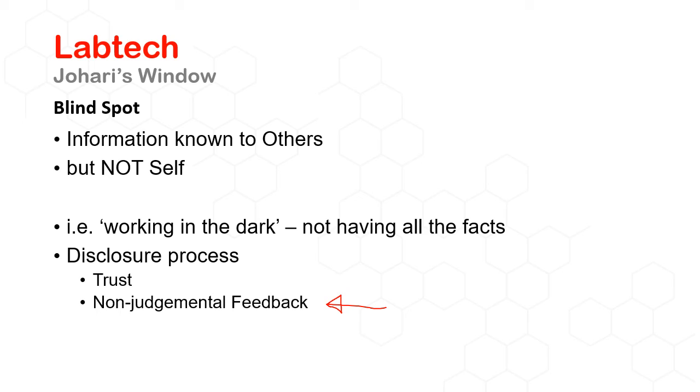But you can imagine in a situation like that, I would need to trust you, and I'd need to feel comfortable receiving that feedback. So when you're bringing things out of someone's blind spot into their open area, you need to think, how am I going to deliver that information and that feedback to that individual?